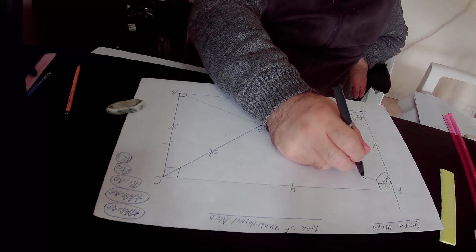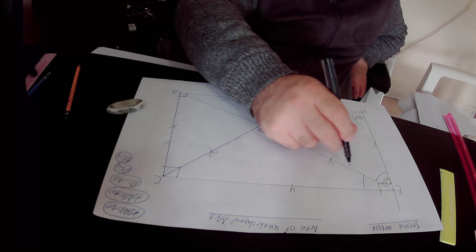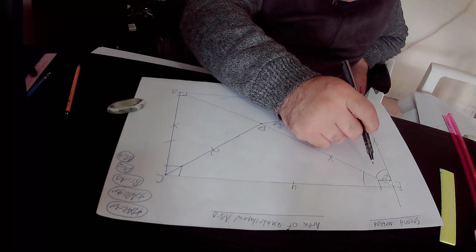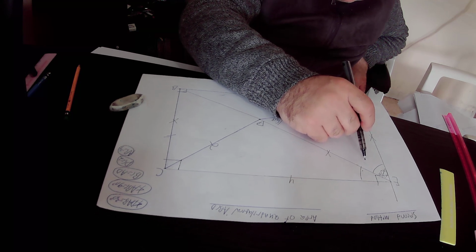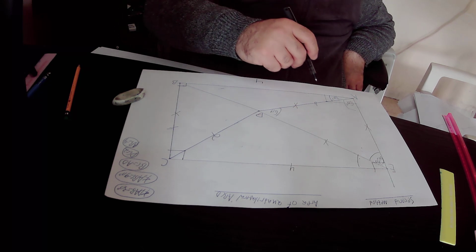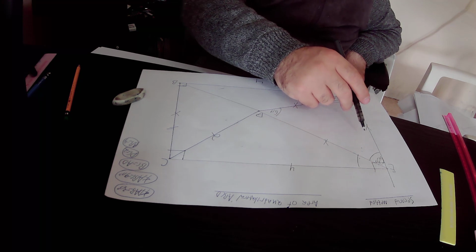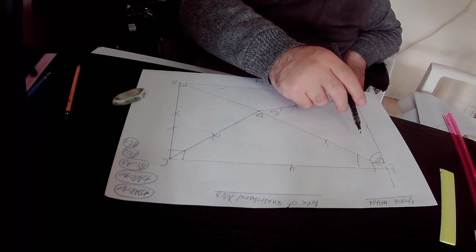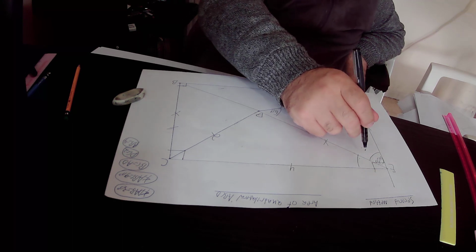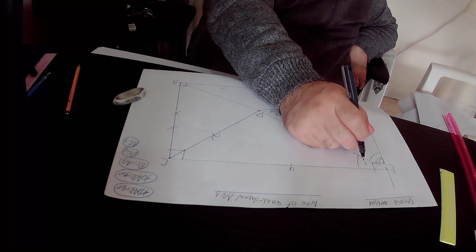But what is the value of this angle? Angle DEC equals 90 degrees minus 60 degrees. Angle AEC equals 90 degrees, angle AED equals 60 degrees. So if we subtract 60 degrees from the right angle, we get 90 degrees minus 60 degrees, so this angle equals 30 degrees.